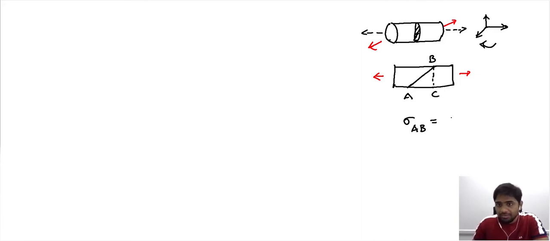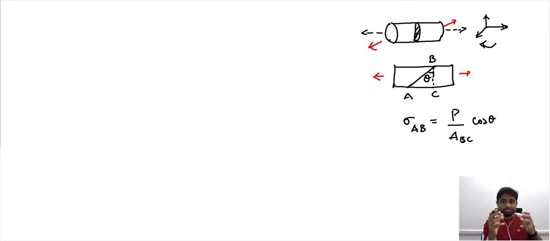So when you do that, the stress experienced by our region of interest is something like this: area BC, that is perpendicular to the loading direction, and cos theta, where theta dictates the angle of inclination. So it describes how much inclined our region of interest is when compared to the area that is perpendicular to the loading direction.